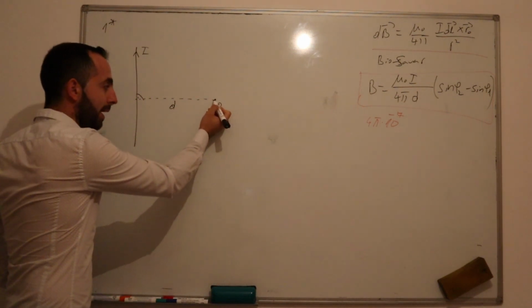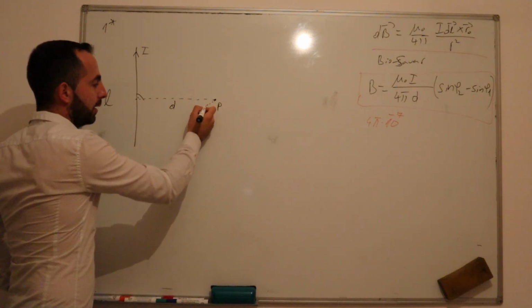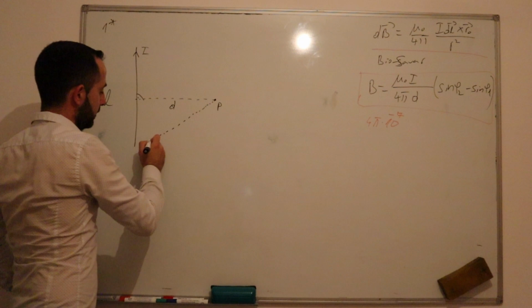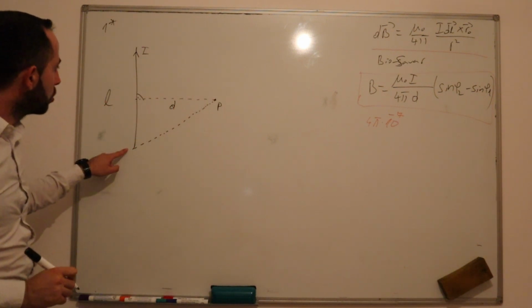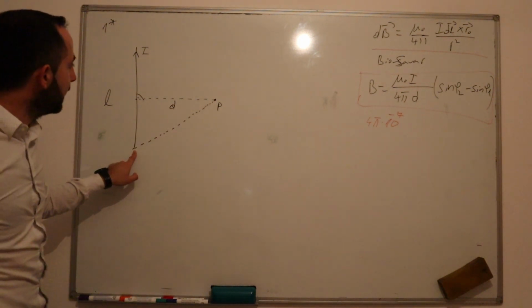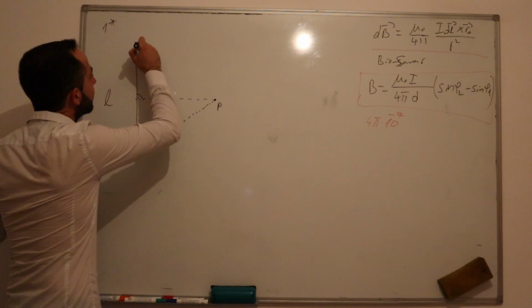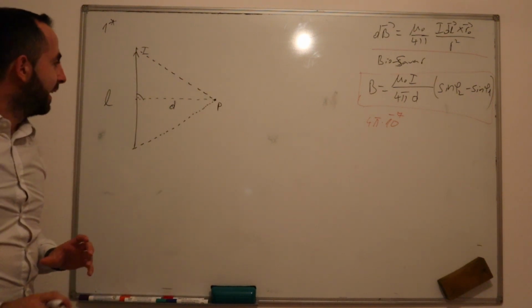What do we do next? We take the point where we need to calculate the magnetic flux density, and draw a line to connect this point with this end of the conductor and this point with the other end of the conductor.